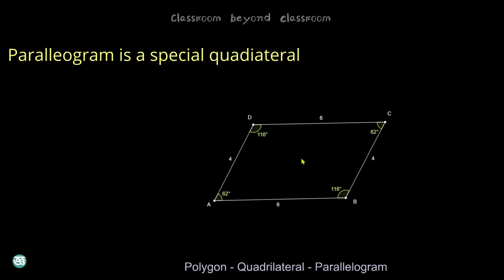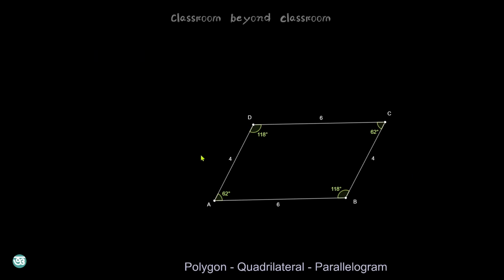Side AB is parallel to side DC and side DA is parallel to side CB. So this type of quadrilateral with opposite sides parallel to each other is called a parallelogram. So what is the definition of a parallelogram? A parallelogram is a quadrilateral with opposite sides parallel to each other.